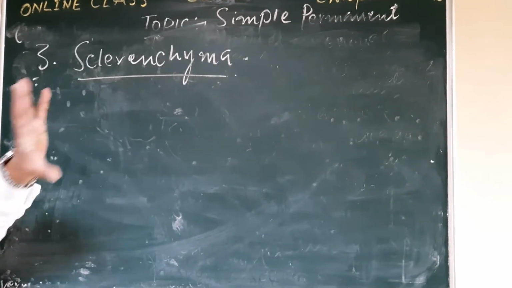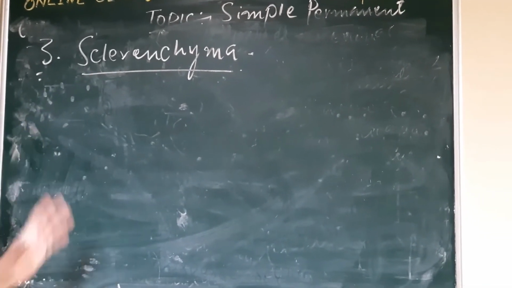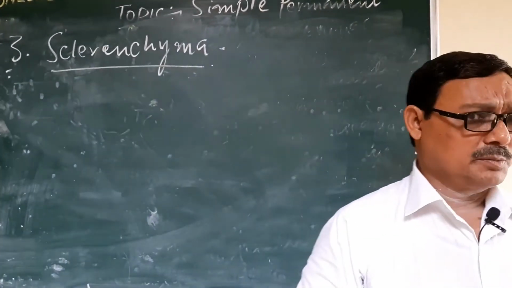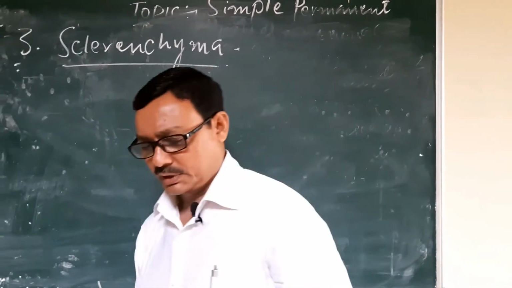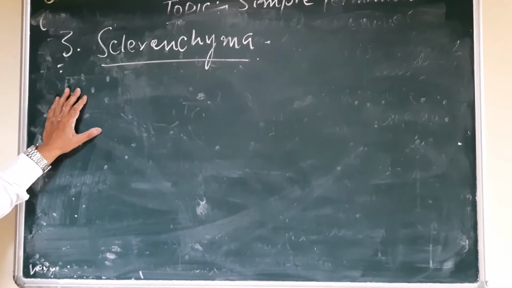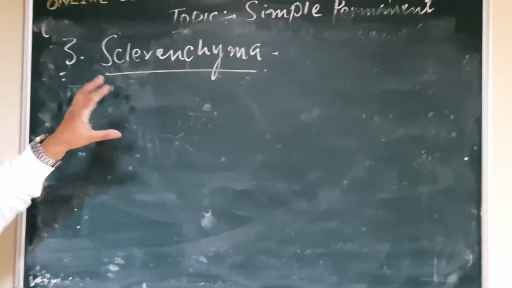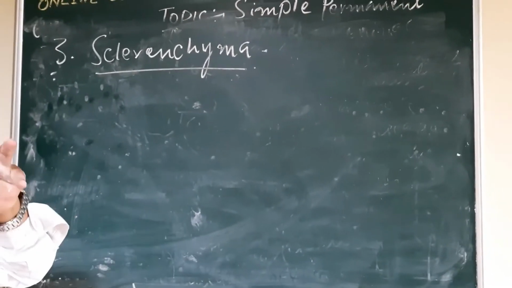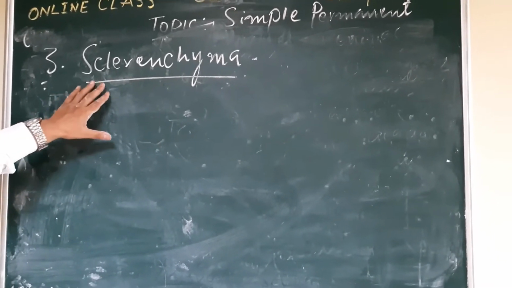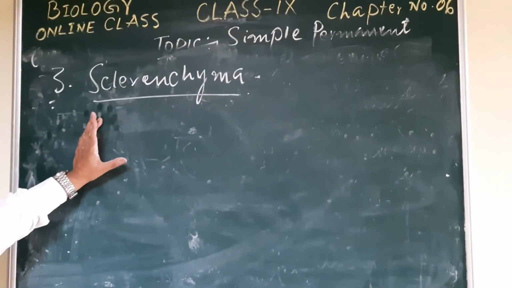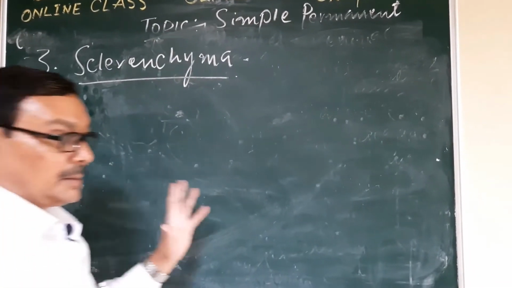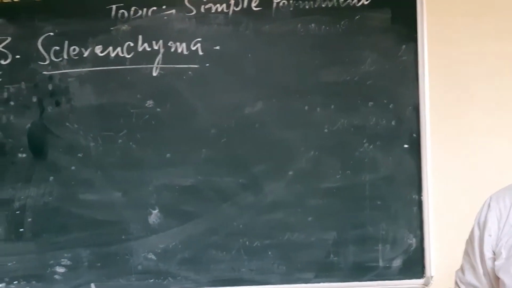It is a single type of cell, and all those cells are dead. Here are some special key features which may be helpful to you while you write notes on the tissues. When there are dead cells, usually the cell walls are thick, and this tissue is present in the harder parts, and it is mainly related with the protective function of the plant body.